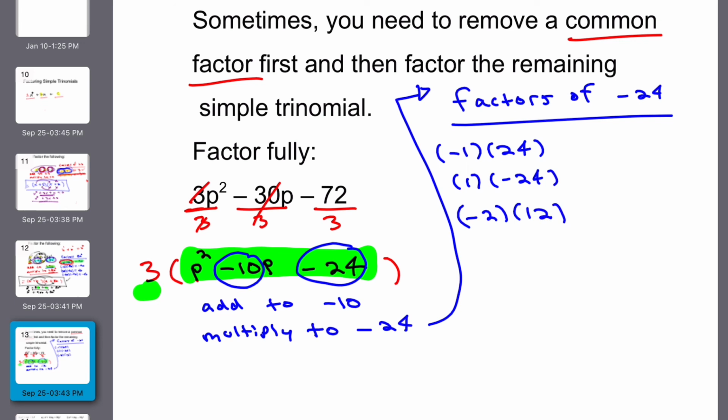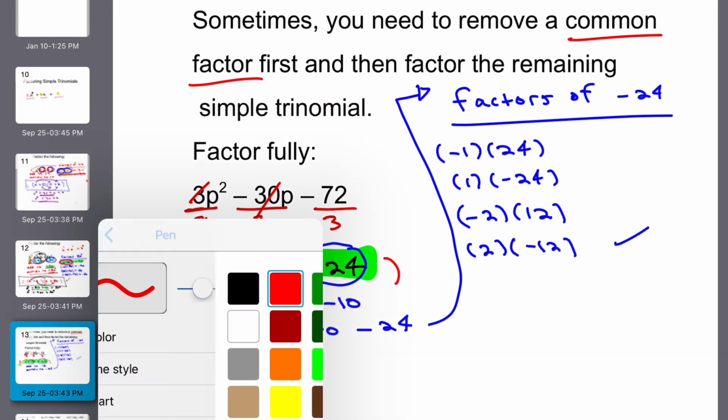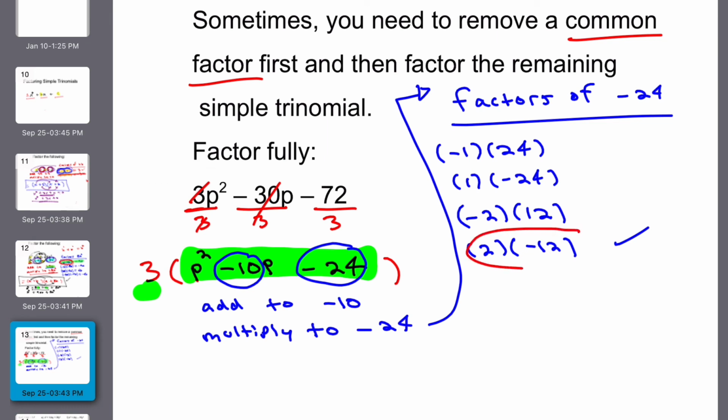That will add to 10, which is not what we want. We want negative 10. Let's try the opposite though. If we have positive 2 and negative 12, positive 2, negative 12 multiplies to negative 24, and it also adds to the negative 10 we want. So that's going to be our magic numbers right there. Sweet. 2 and negative 12. So we can go right to our answer now.